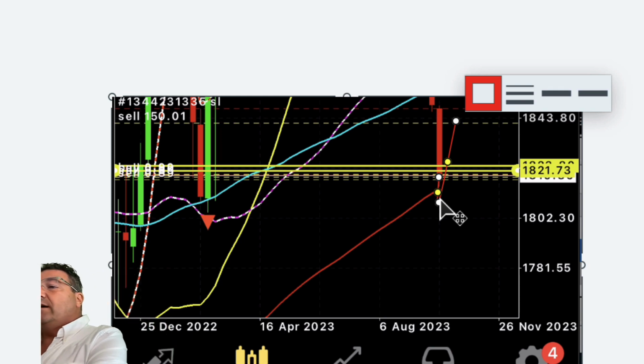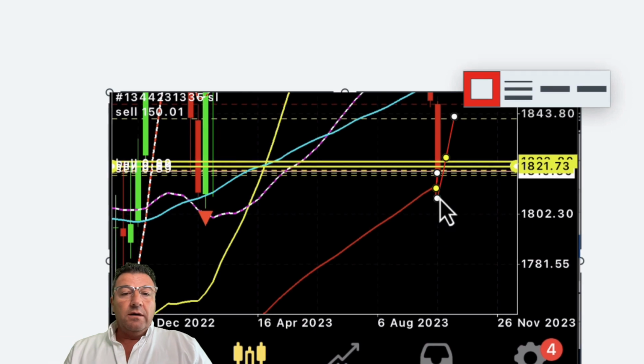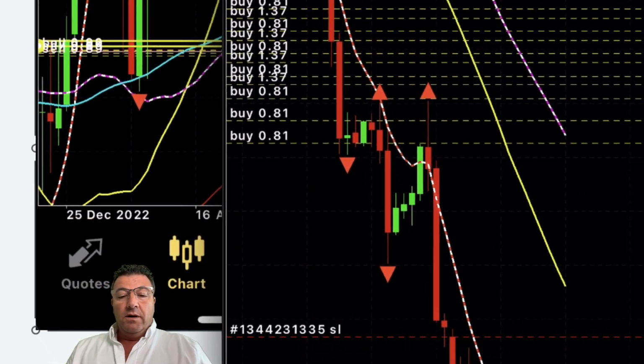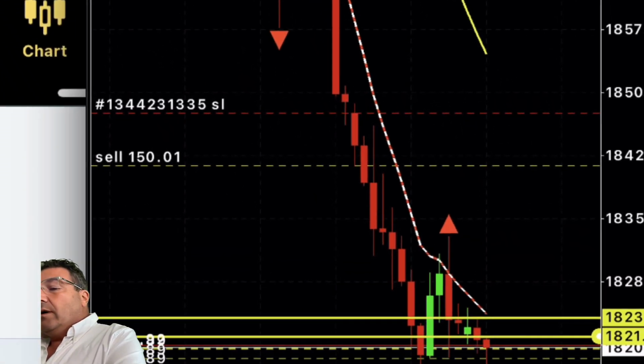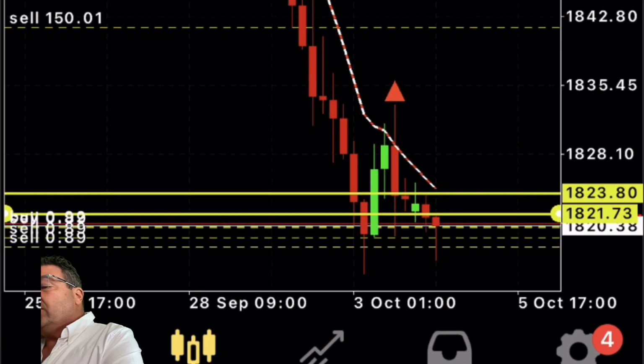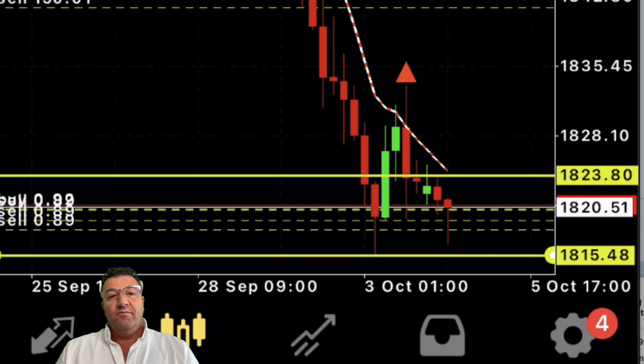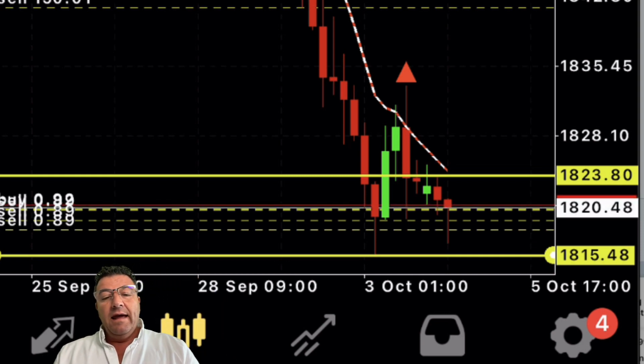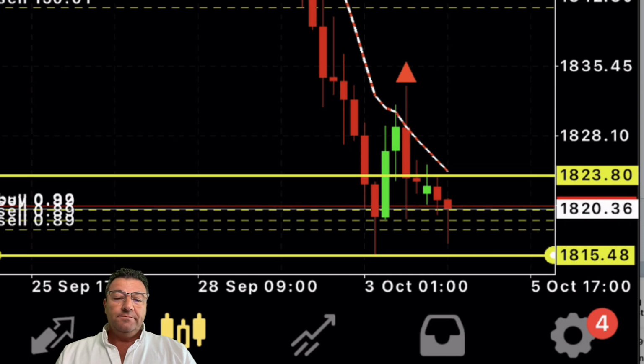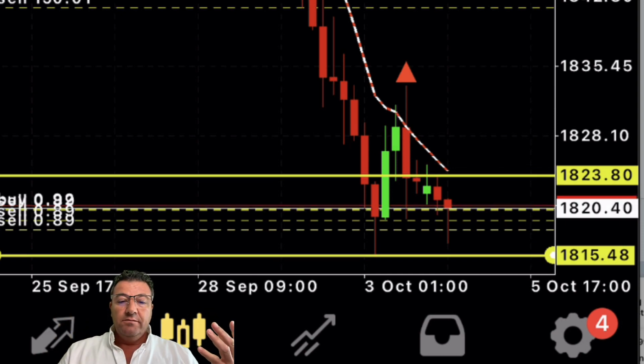So if you go back to the H4 chart, we place a fractal, we place a sell stop at 1815, in case it goes south, and then you protect it.